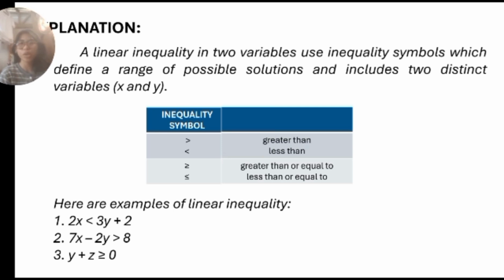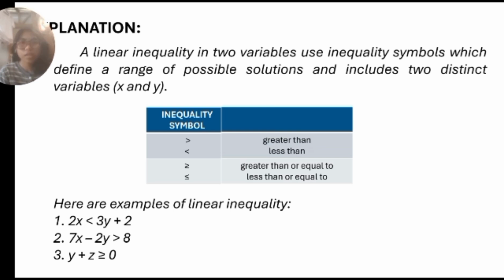Actually, we can use another alphabetical letter such as A and B, or Y and Z, as long as it's an alphabetical letter. But since X and Y are common in mathematics, we use X and Y.